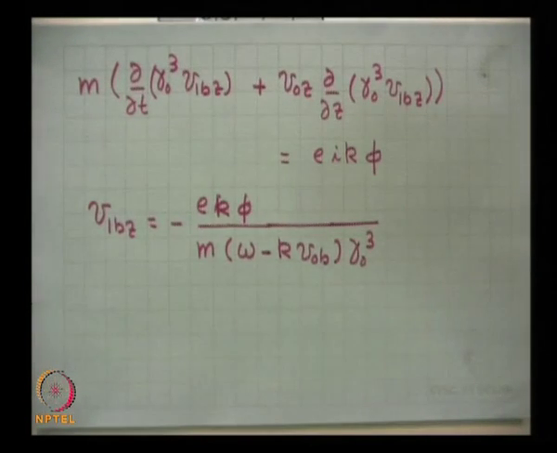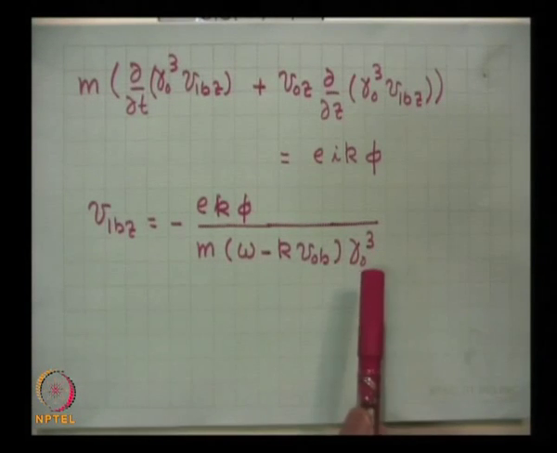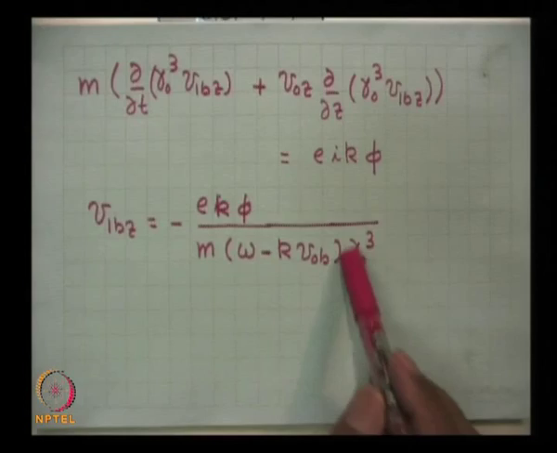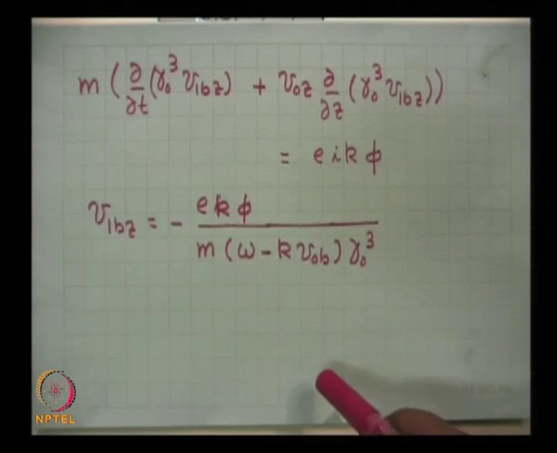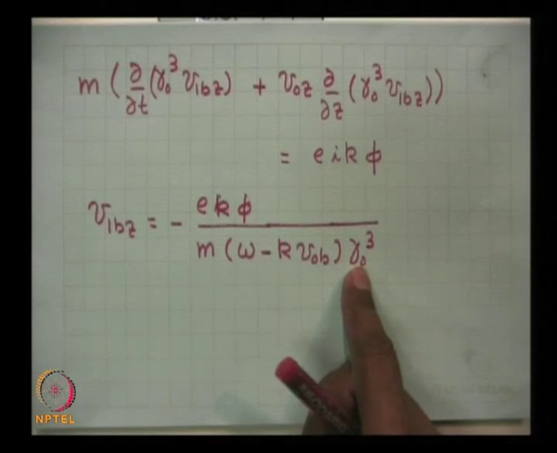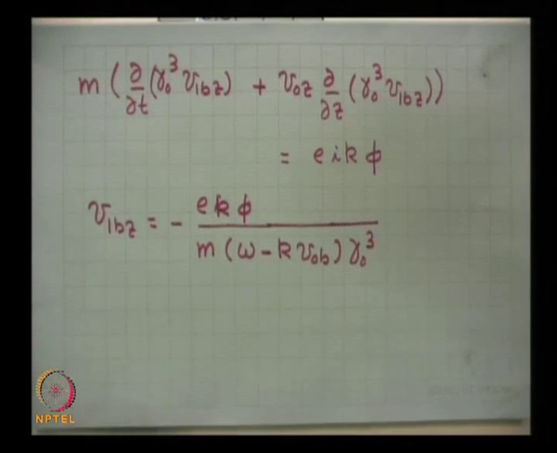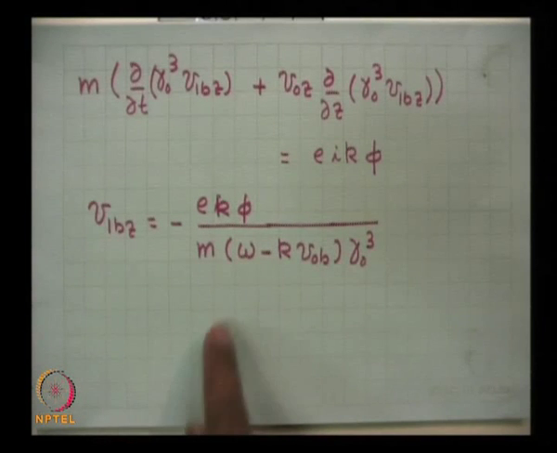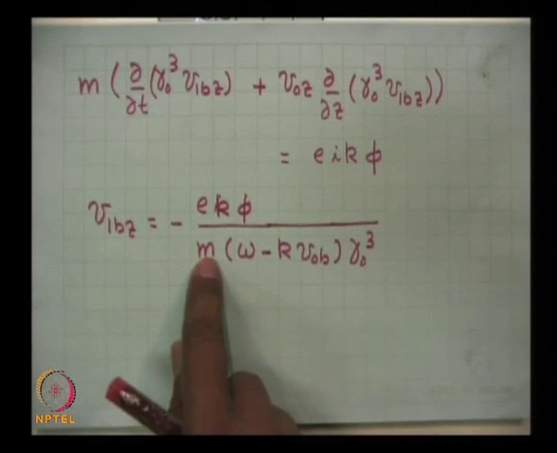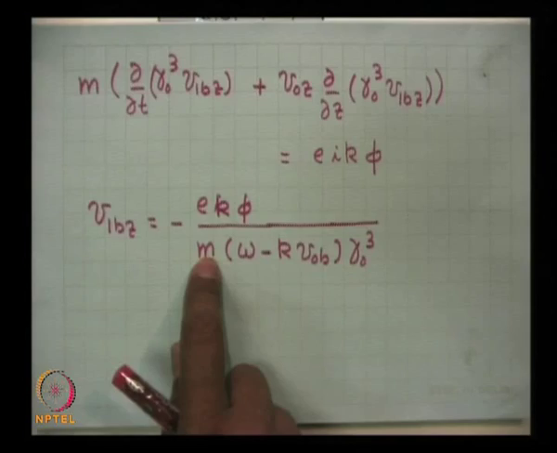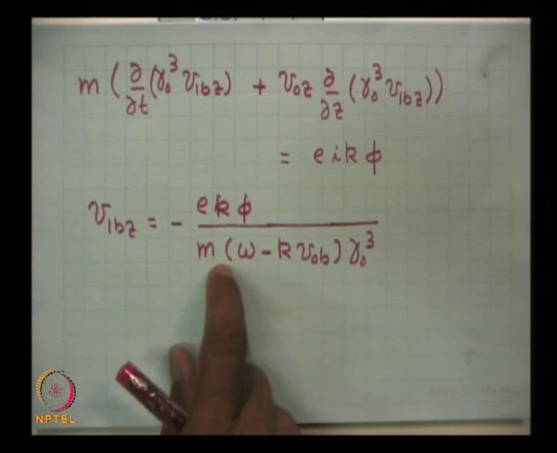An important noteworthy change brought in by the relativistic effect is the appearance of this gamma 0 cube. If the beam was non-relativistic, then this term will not be there. As a layman, one would think that relativistic effect essentially modifies the mass. M is the rest mass of the electron, so one would expect that this should be m into gamma 0.